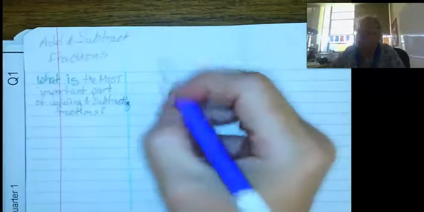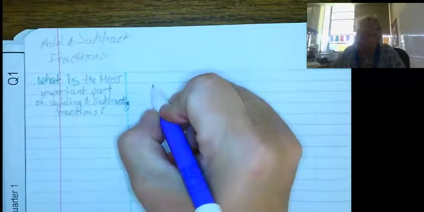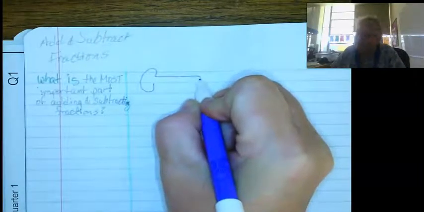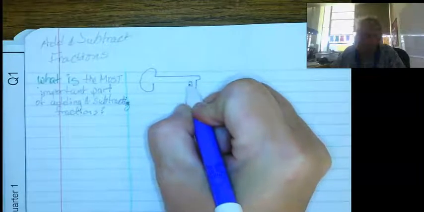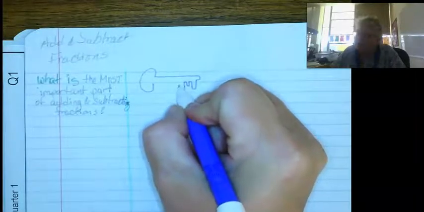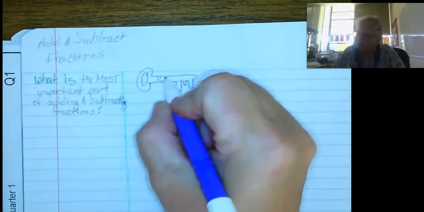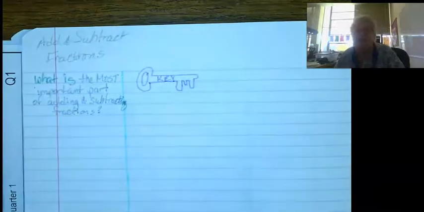All right, here is what you need to know. I'm going to draw it like this. It is a key. I know, it's a weird looking key. It's one of those old skeleton keys. I'll even label it key.